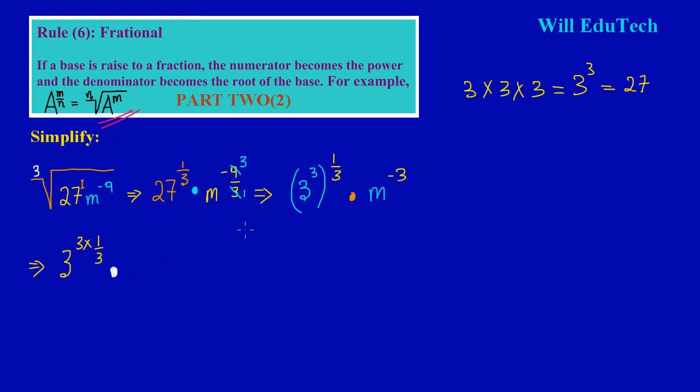And remember, whenever you have a base raised to a negative power, we can always place 1 upon the base, putting the base in the denominator, and the power becomes positive. You could always revisit those rules if you're still not sure.